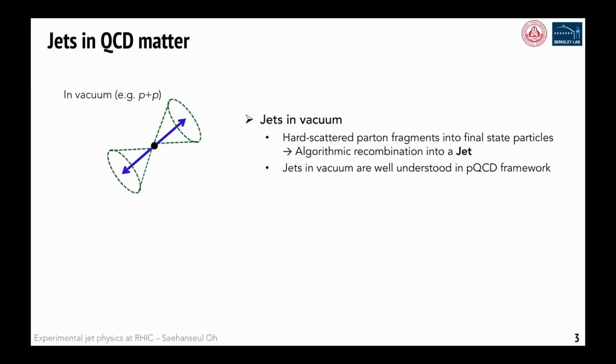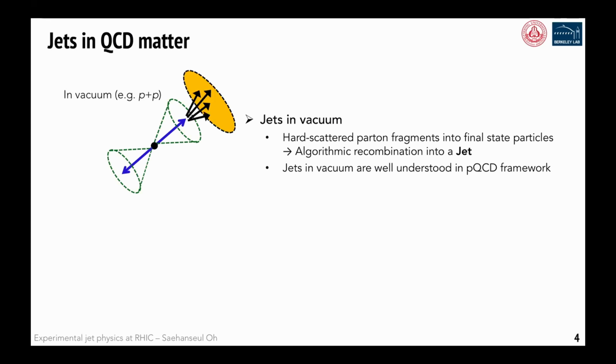Okay, let me start. So when you think of a jet in heavy ion collision or in PP collisions, you may think they are from hard scattered particles. That's something very basic. So jets in vacuum, such as in PP collisions, the hard scattered parton fragments into final state particles like this.